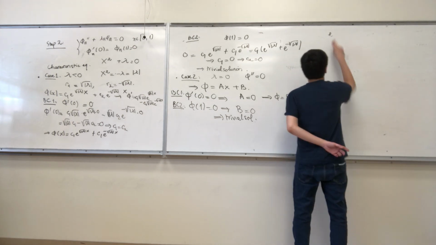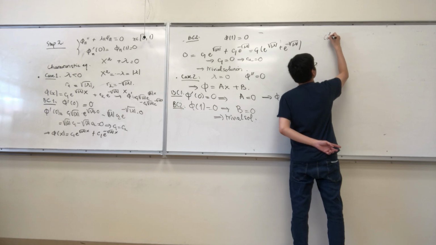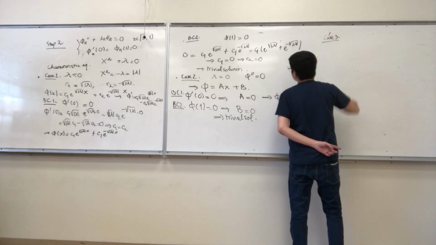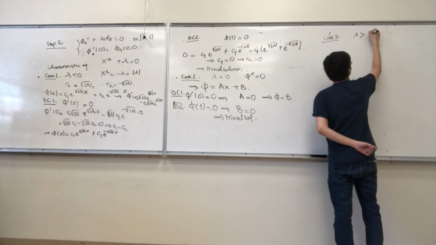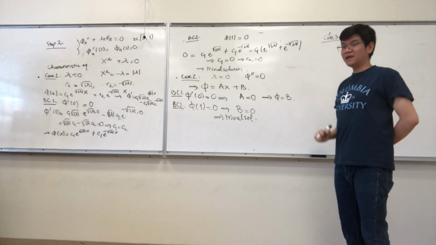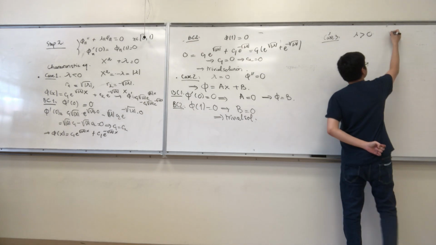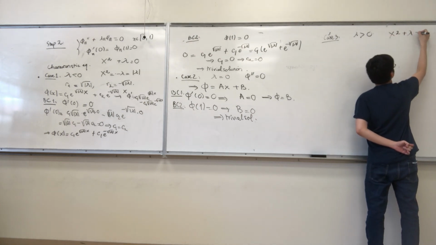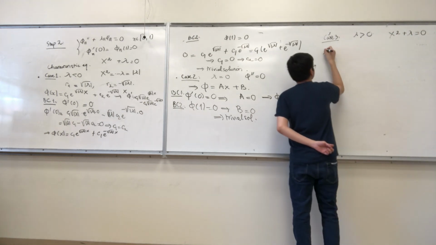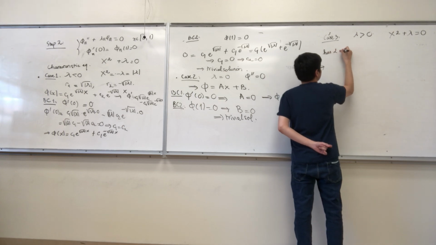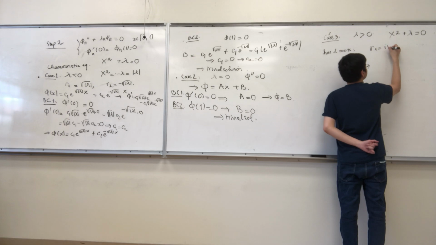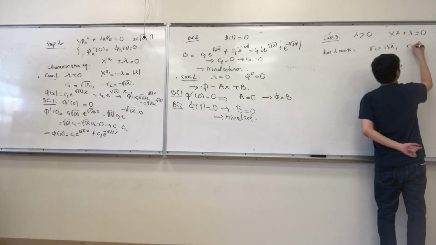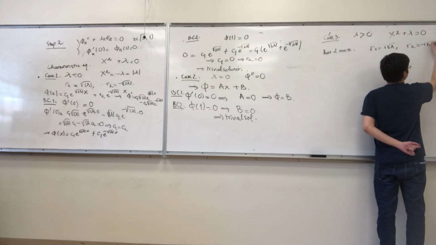The last case, case number 3. Lambda is positive. All right. So lambda is positive means that x squared plus lambda is equal to 0 has 2 roots. The first one is i square root lambda, and the second one is minus i square root lambda.